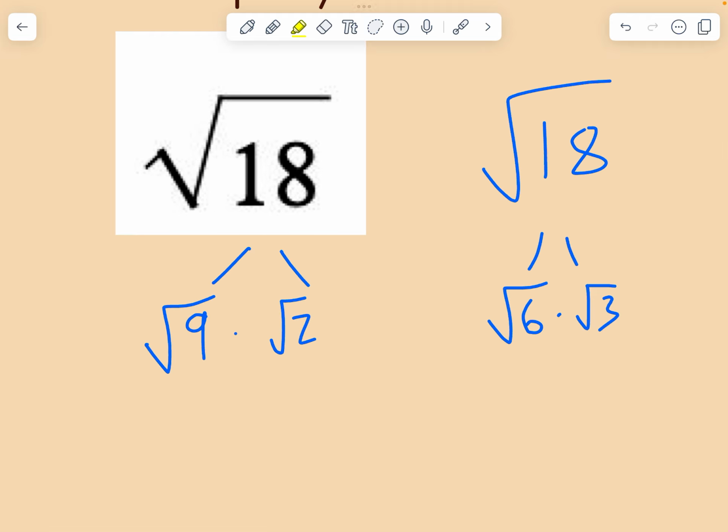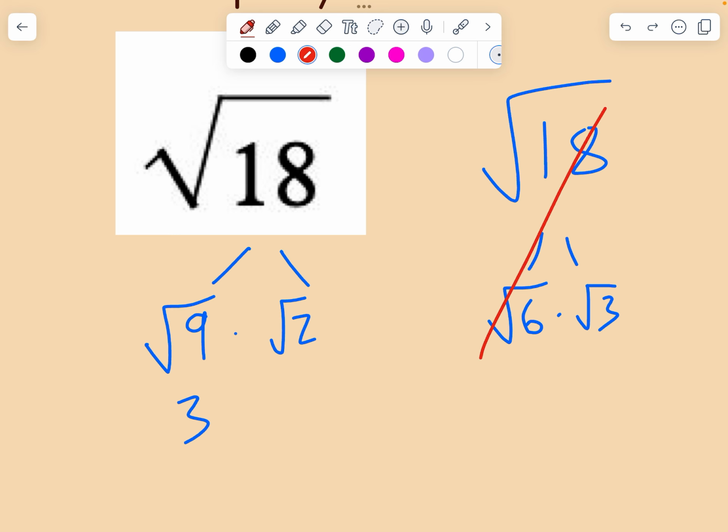Now, if I'm looking at all 4 of these numbers, the square root of 9 is 3, okay? The square root of 2, crazy decimal. The square root of 6, crazy decimal. The square root of 3, crazy decimal. So the only one of these numbers that we can take the square root of is 9. So we do not want to break up 18 into 6 and 3.